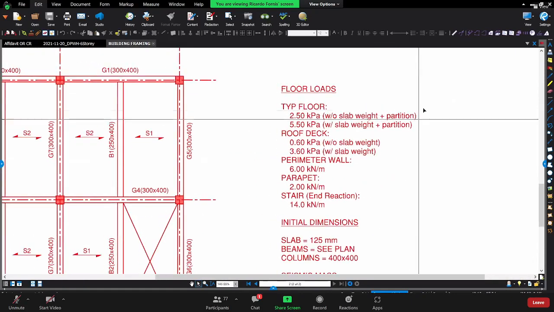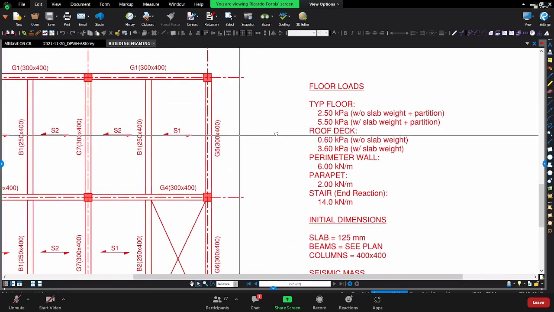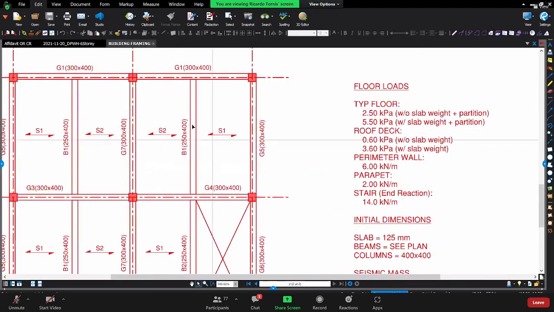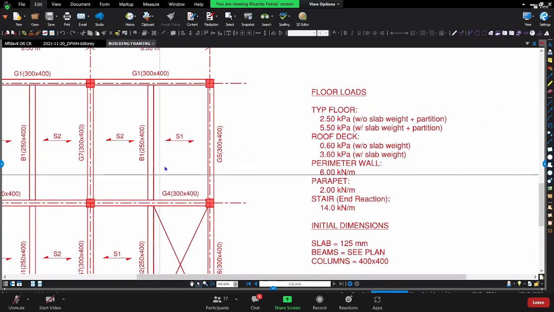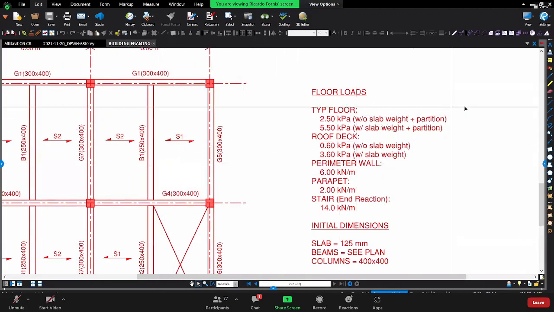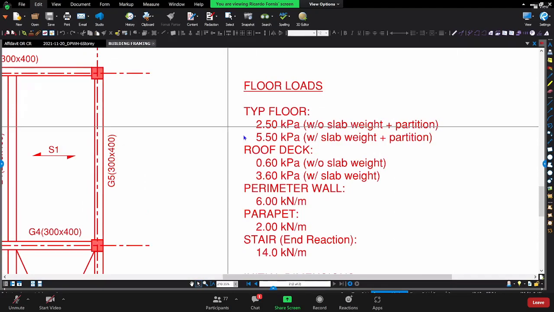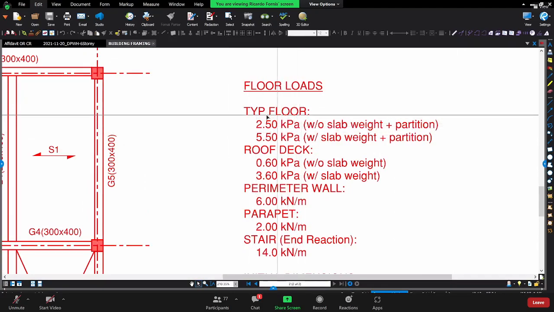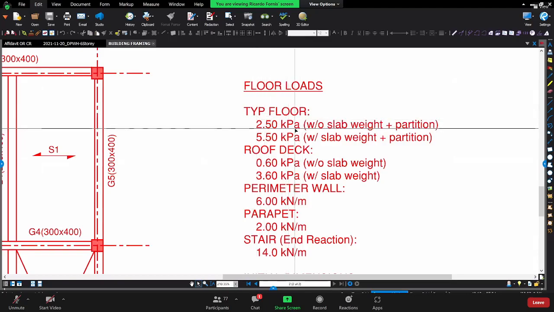So assuming we have partitions and then we have ceramic tiles for the floor finishes. And then you also have to add concrete topping if you're going to have tiles. So accounting for those weights, we have here a uniform weight of 2.5 kilopascal.